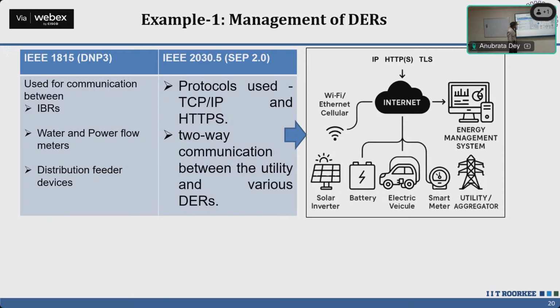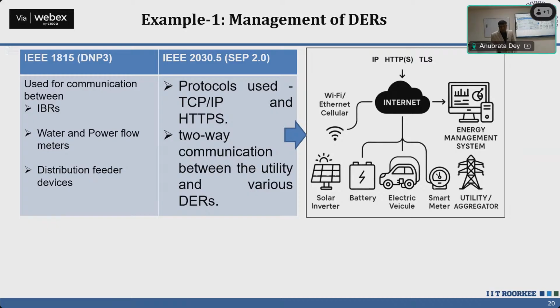So this is mainly used for communication between inverter based resources. Whenever you have any DER, and the inverter of that DER wants to communicate with another control center or some other smart devices, then this protocol is used. This type of protocol is also used in water and power flow meters. Water flow, anyway, in our country water is not chargeable, except maybe in one or two cities.